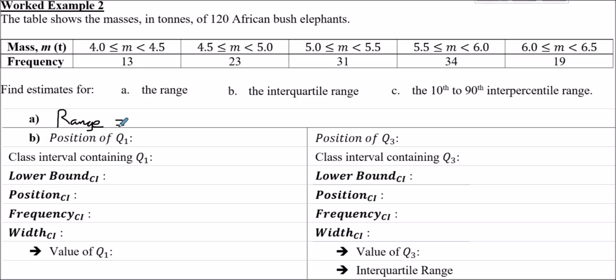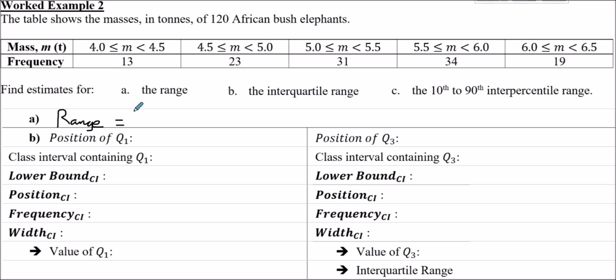The range is the highest take away the lowest, which you should probably remember from GCSE. But the highest here could be anywhere from 6 to 6.5. So do we take the midpoint or anything higher? Well, what we do is we take the absolute extreme value. We take the absolute upper bound of the greatest interval.